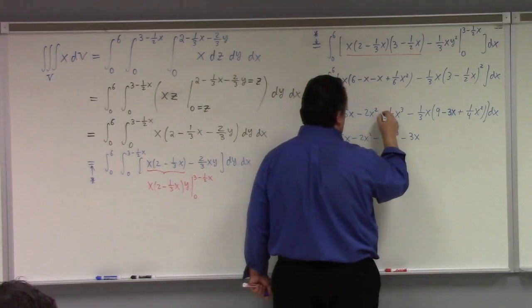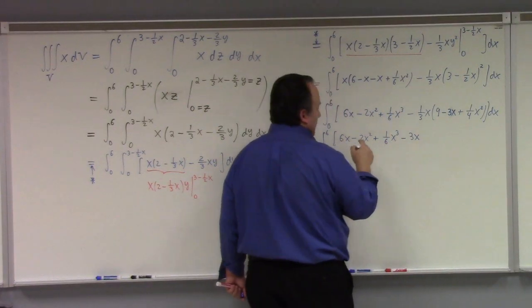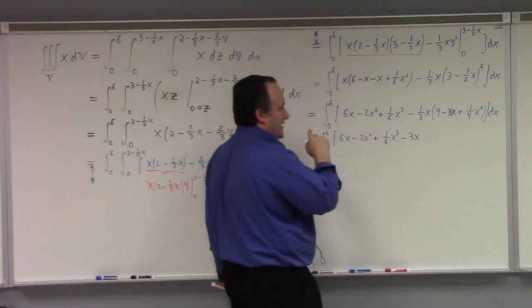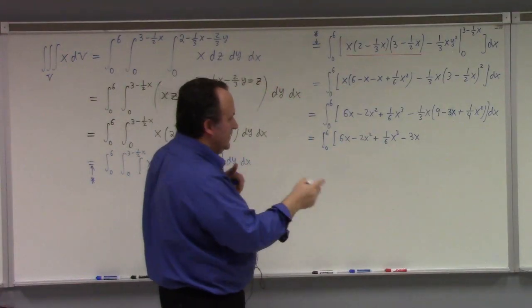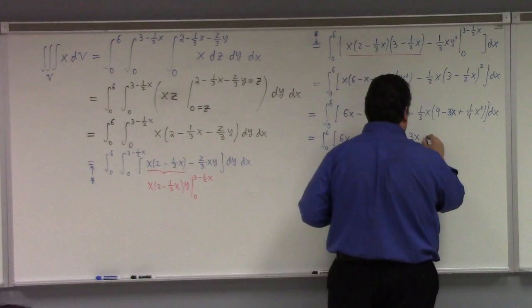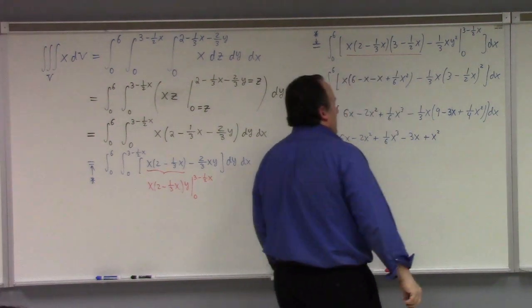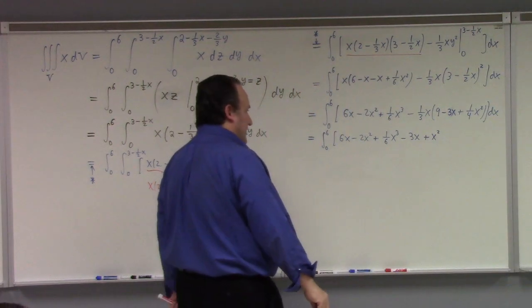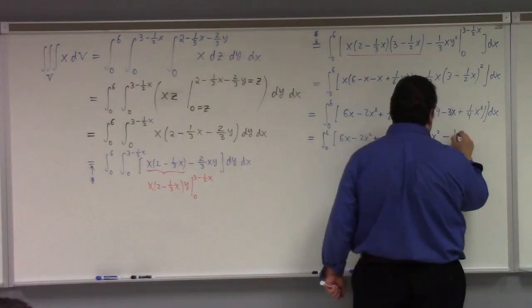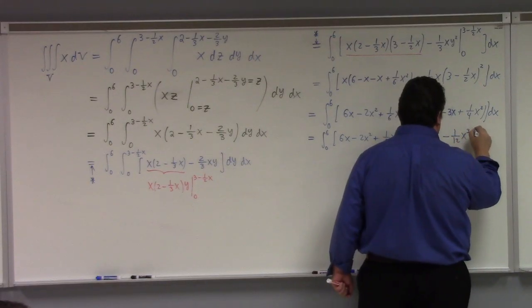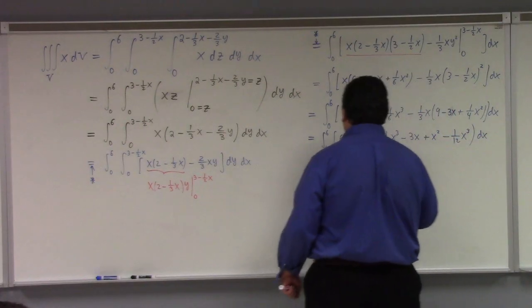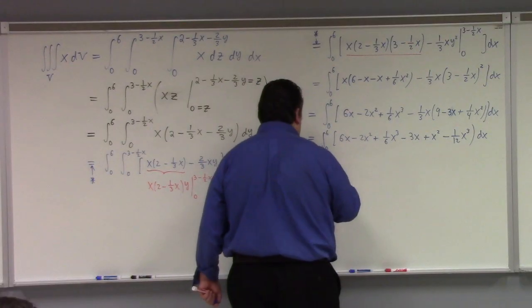That's not, I mean, other way around. Yeah, plus 1/6, thank you. So this is minus 3x, and then I get the 3 and the third cancel. Minus minus gives me plus, so plus x squared. And then minus 1/12 x cubed dx. One more step before I integrate, I think.